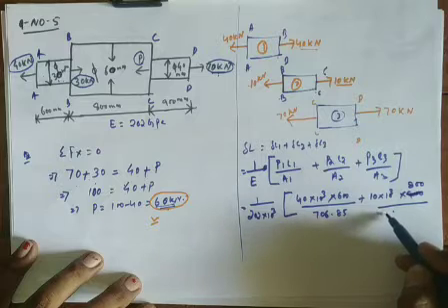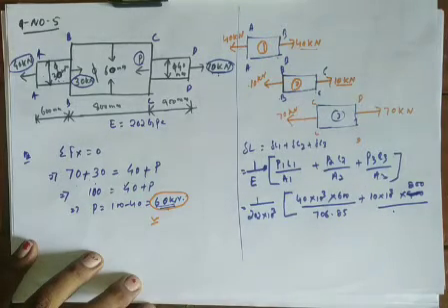A2 is pi by 4 d square. D is 60, the section 2 diameter is given as 60 mm.